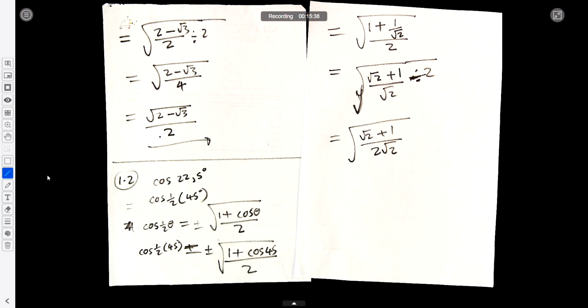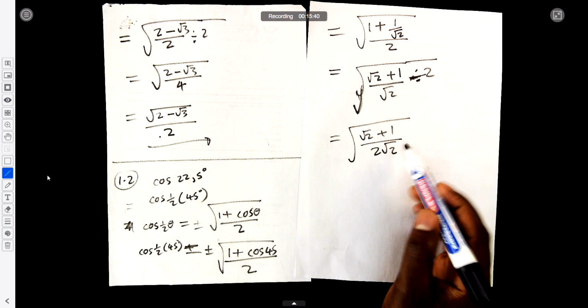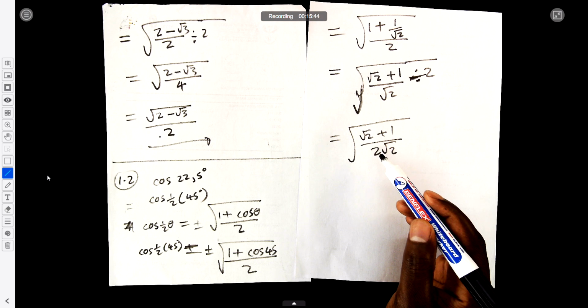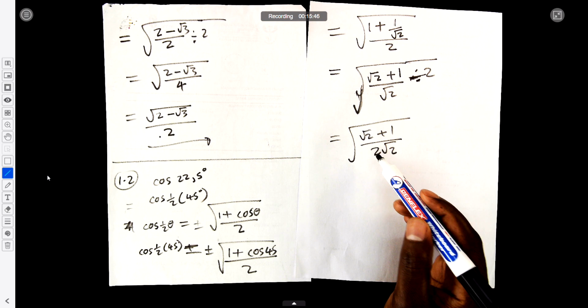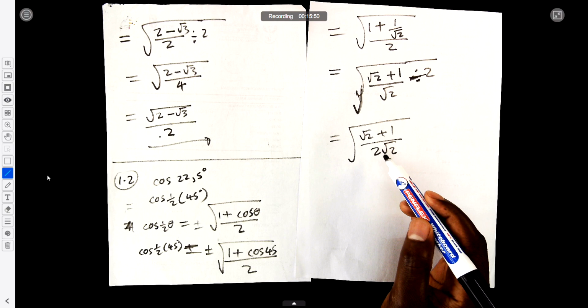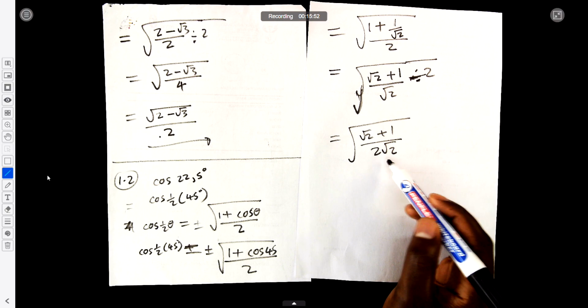So please don't forget, in this denominator here inside the root, we have an irrational denominator, isn't it? An irrational number. I hope you see. Root 2 is what? Root 2 is an irrational number.